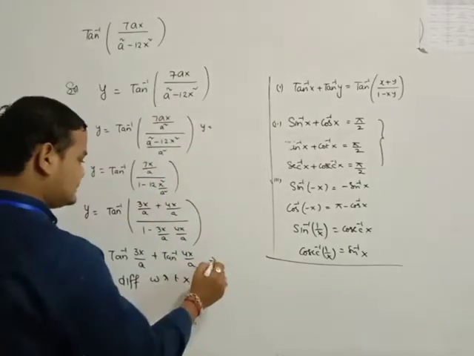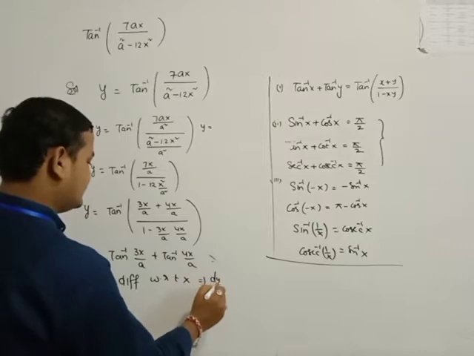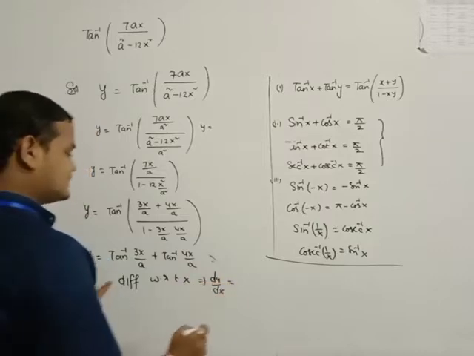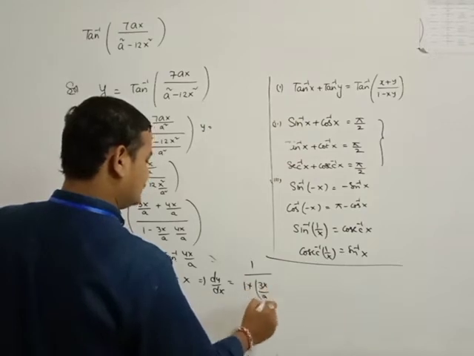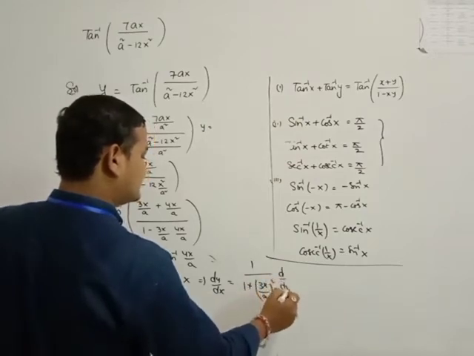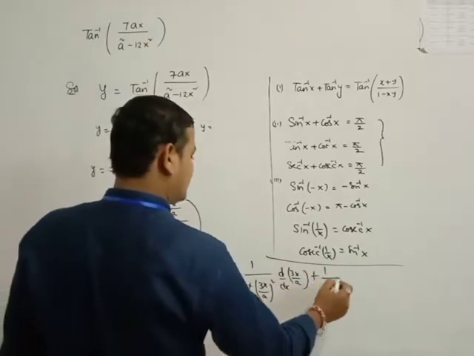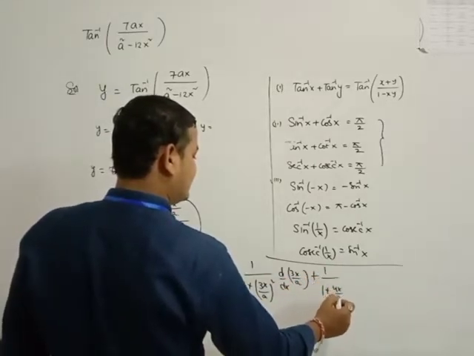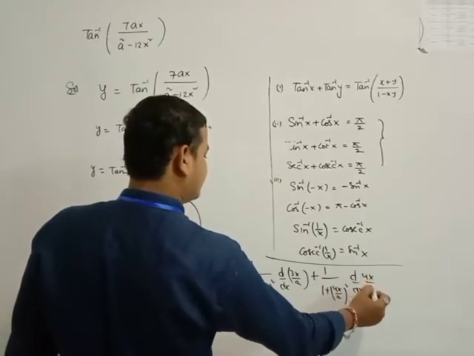Differentiating, dy by dx is equal to 1 by 1 plus 3x by a whole square into d by dx of 3x by a, plus 1 by 1 plus 4x by a whole square into d by dx of 4x by a.